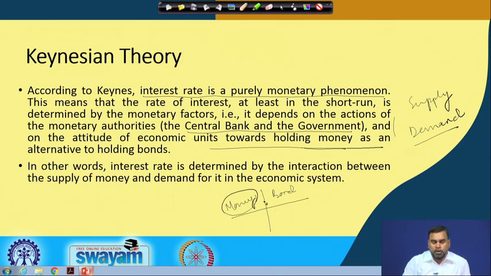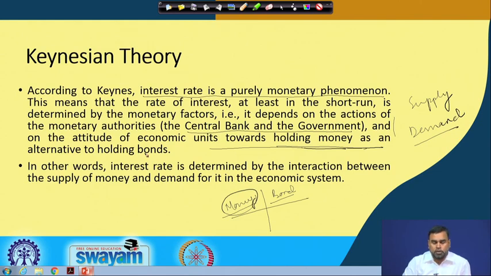So, instead of holding money in terms of the bond, people may be interested to hold the money in terms of the cash or in any kind of liquid form. Therefore, the last line of the first paragraph is the attitude of economic units towards holding money as an alternative to holding the bonds. So, whether the economic units want to hold the money in terms of the bond or they want to hold it in terms of the cash.